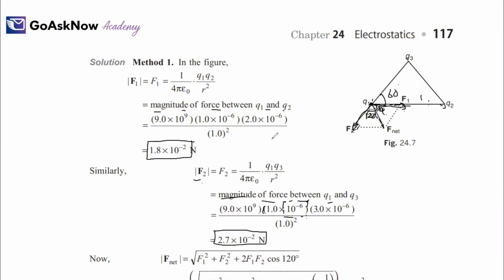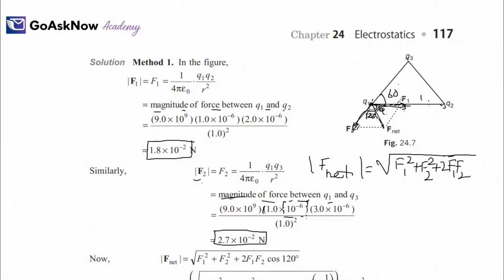Now I have to find the net force acting on Q1, so I will vectorially add F1 and F2. What is the vector formula for adding two forces? F net will be root of F1 squared plus F2 squared plus 2 F1 F2 times cos of the angle between these forces. What is the angle between these forces?